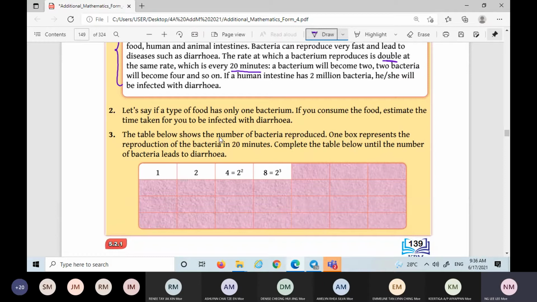Okay, maybe I wait for you a while. Can you complete this table and then tell me at which state you will have this amount, 2 million?